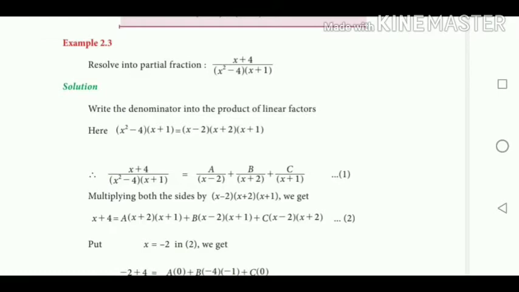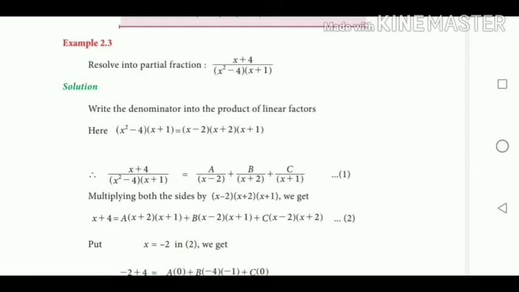Here the denominator is x square minus 4 into x plus 1. So write the denominator as a product of linear factors. x square minus 4 becomes x square minus 2 square, that is a plus b, a minus b. You have to apply a plus b, a minus b for the term x square minus 4. That is x square minus 2 square becomes x plus 2 and x minus 2.